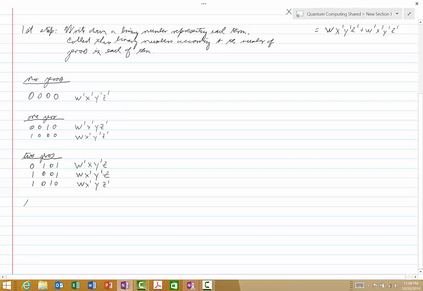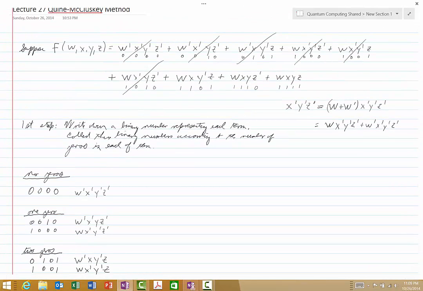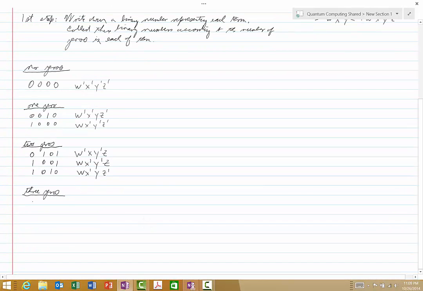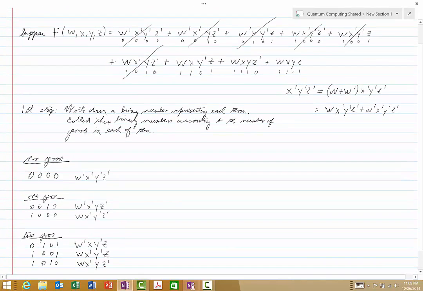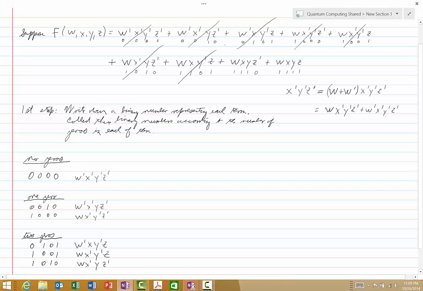Now we look at the terms with 3 zeros. And there are 2 of those up above. There's 1, 1, 0, 1, which is W X Y prime Z. So we cross that off.